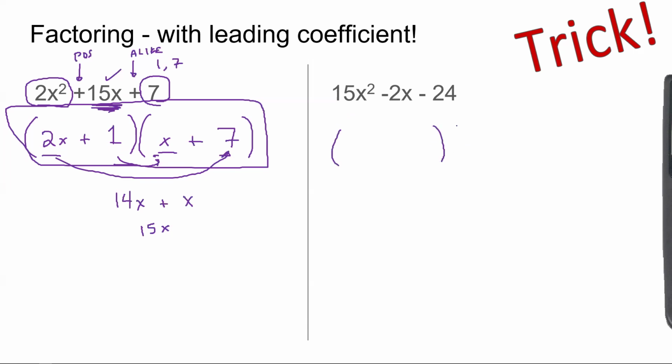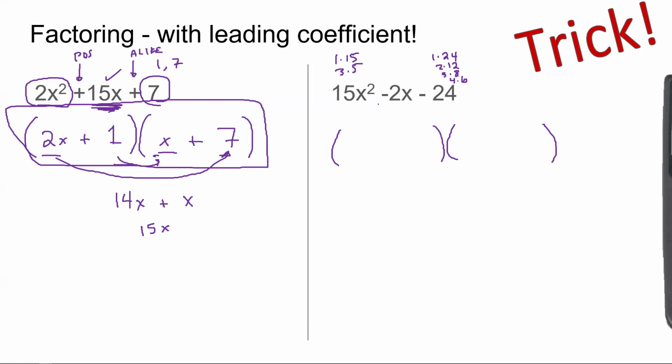Looking for common factors. 15 could be 1 times 15. It could be 3 times 5. That's pretty much my only choices. Back here on the 24, I've got 1 times 24 and 2 times 12 and 3 times 8 and 4 times 6, right? 24 is kind of a neat number because it has so many factorizations on it.